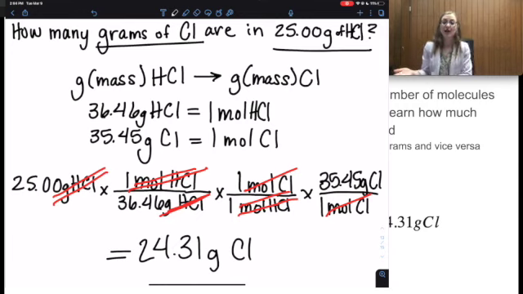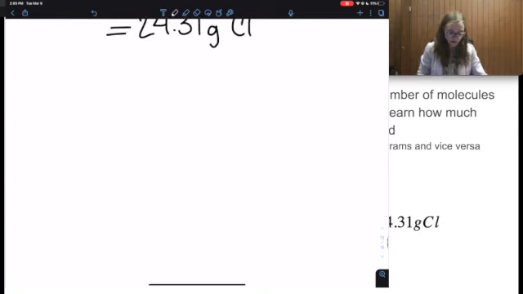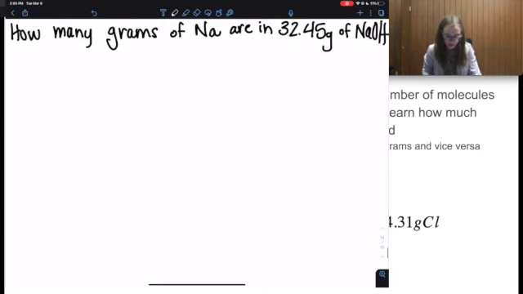If I figured out the mass of hydrogen in this compound and added them up, I should get that total mass of HCl. So those are just some forewarnings, some ways to check your answers. All right, let's go ahead and do the last problem here, and then I will leave you to work the practice ones by yourself.